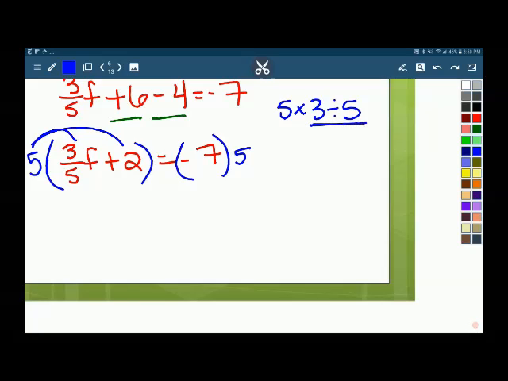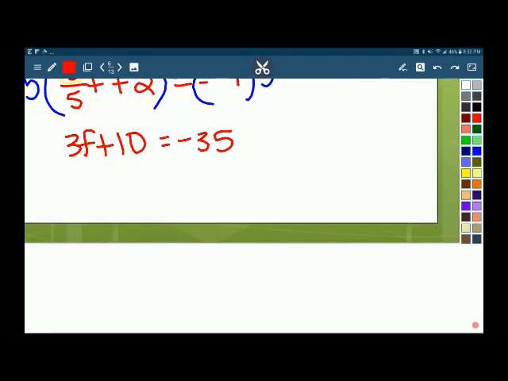The 3/5 is right there, which your calculator should spit out 3 for you, which is just the numerator of that fraction. So we have 3f plus 5 times 2 is 10, and then -7 times 5 is -35. Again, now we have f on one side of the equation. We have no more fractions. Now I can start to solve.